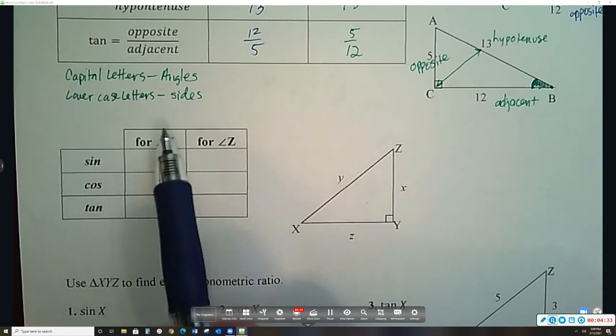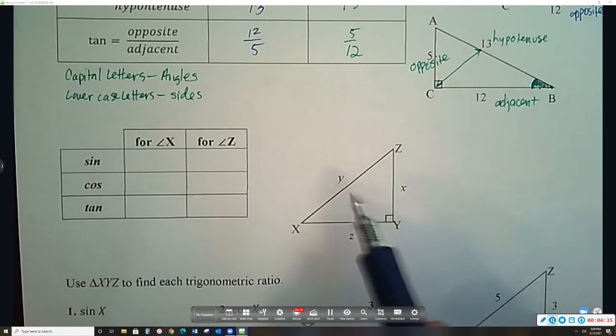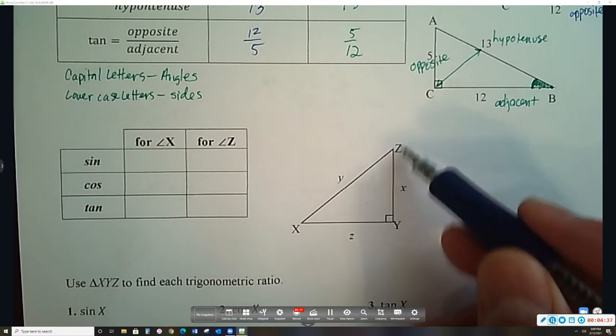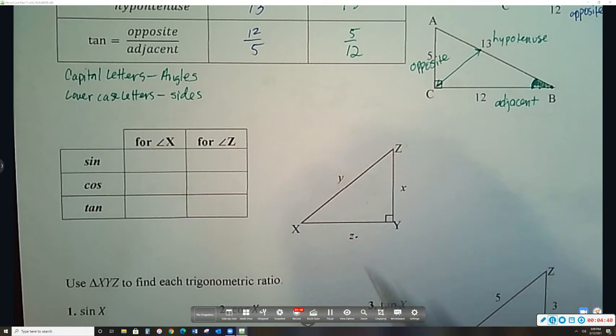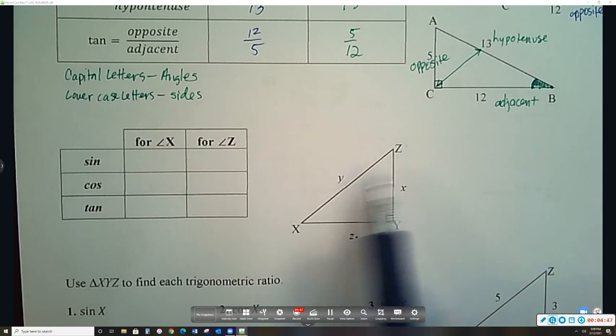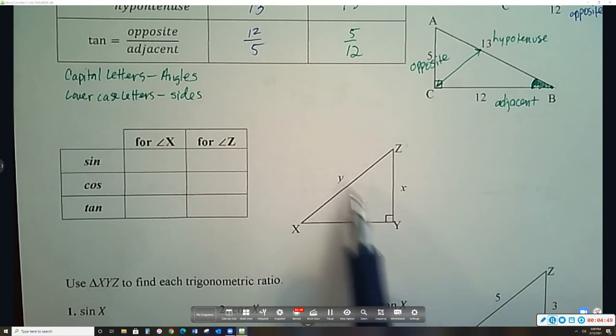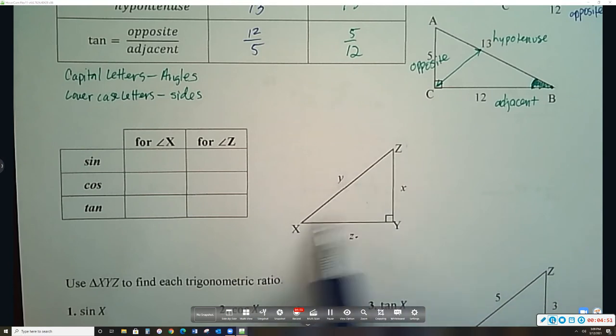Usually across angle Z you have side z. Authors may be tricky and mix these up, but usually lowercase y is across capital Y, lowercase x is across capital X, and so forth.